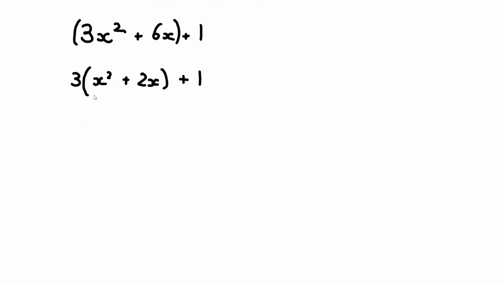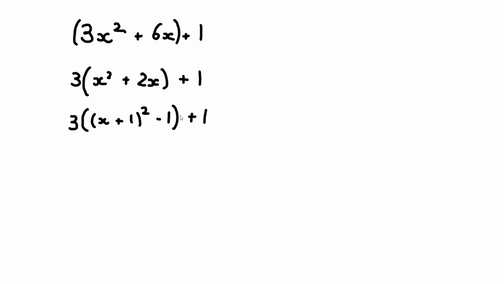And then we want to complete the square for this, which will give us 3 times x plus 1, sorry, because we're dividing by x and by 2 for this coefficient. And then we're squaring this, and then we want to subtract the square of this, which basically gives us minus 1. And then we've got our plus 1 on the outside.